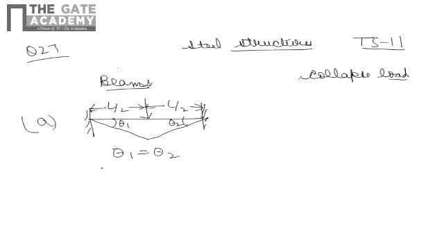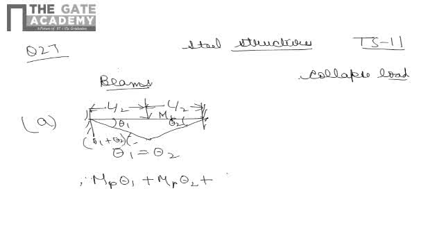So by applying the method of virtual work, if MP is the plastic moment capacity, we can write MP into theta 1 plus MP into theta 2 plus, at this point, rotation is theta 1 plus theta 2.